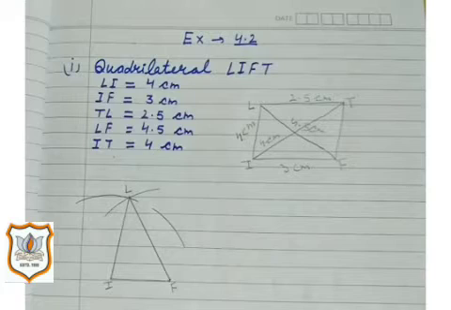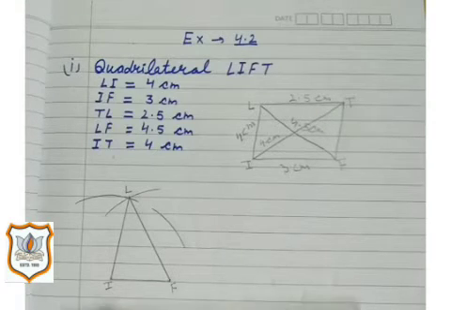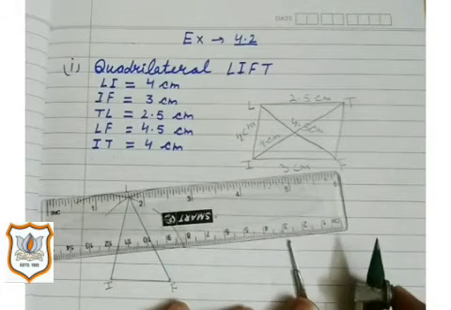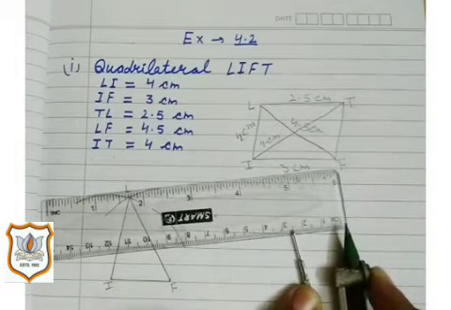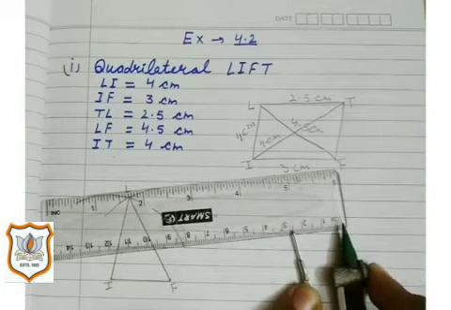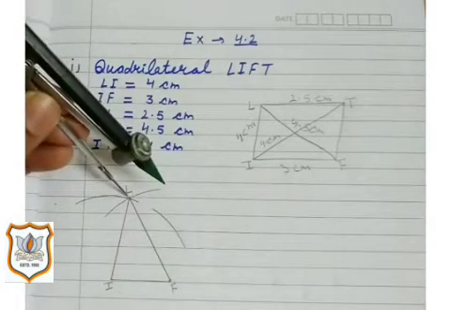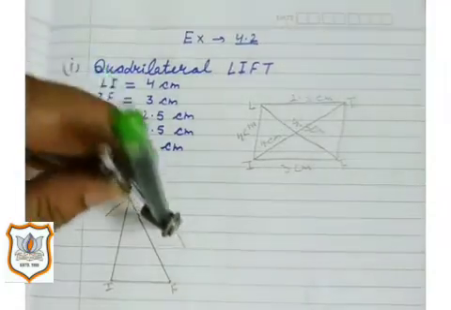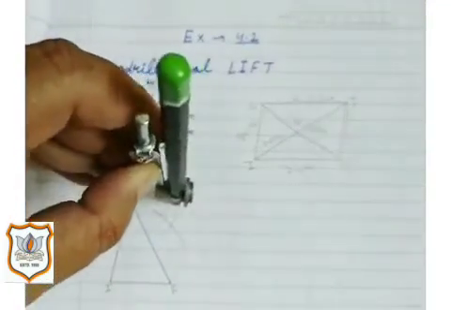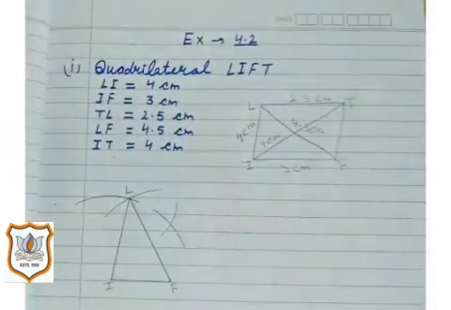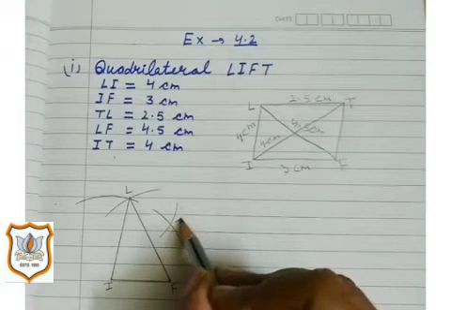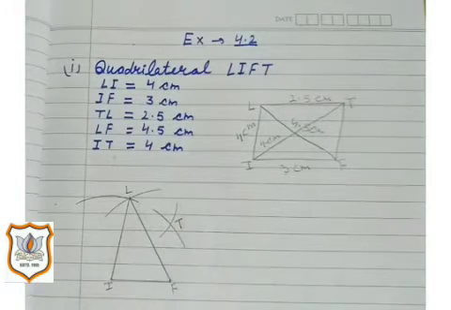Now we will draw LT. LT is 2.5. So we will take 2.5 in compass and we take L as a center and we draw an arc which intersect previous arc at point T. Students, this is T. Clear?